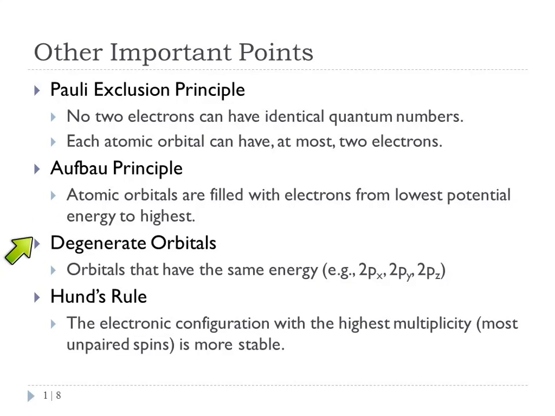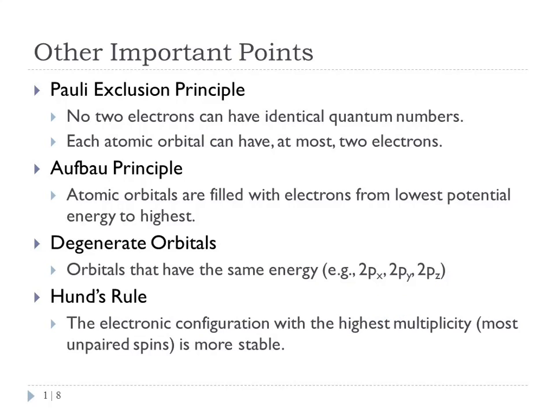When we say that an orbital is degenerate, it means that it has the same energy. Well, you can't have just one degenerate orbital, you have to have more than one. Orbitals that are degenerate have the same energy. So there are 3 different 2p orbitals, the px, the py, and the pz, and it's just their orientation in space.